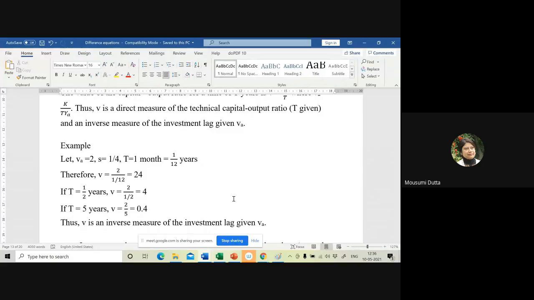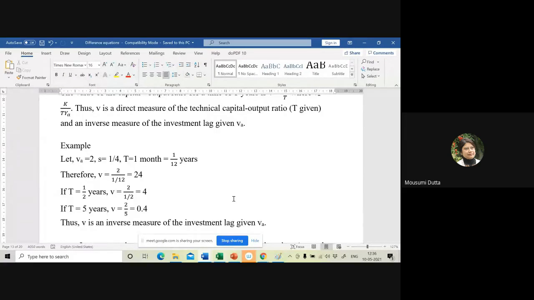If T is equal to half years, in that case, V is becoming 4. If T is equal to 5 years, V is becoming 0.4. So if my project needs a longer time horizon, in that case, for a given value of capital output ratio, what we are finding is that the accelerator is getting smaller and smaller in value.